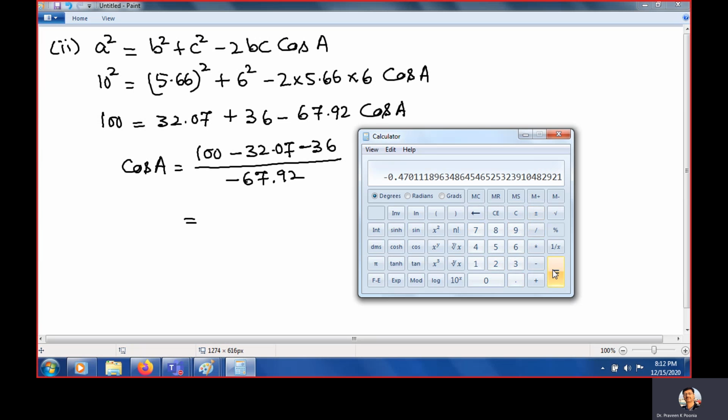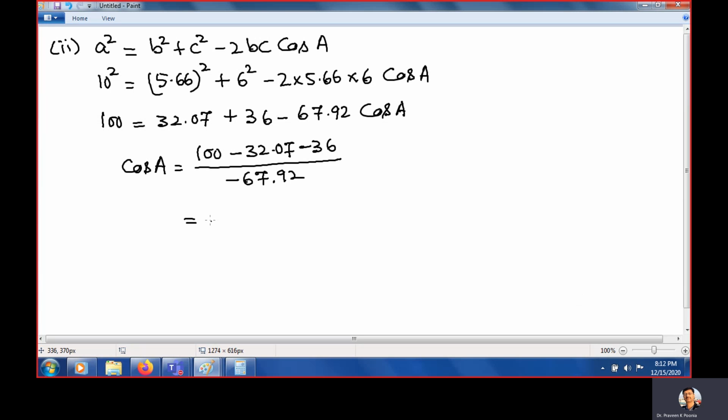So how much are we getting? We are getting minus 0.4701. This is after simplification.